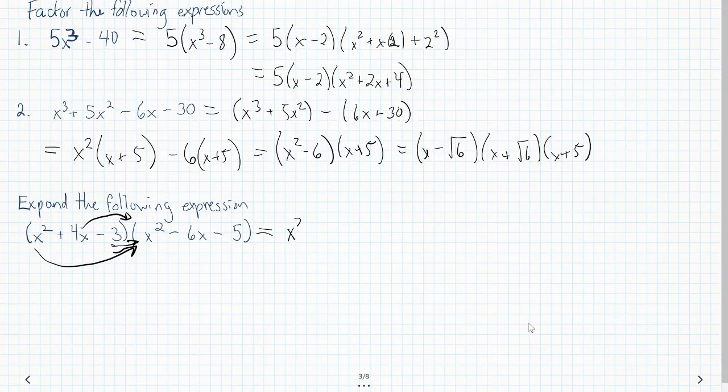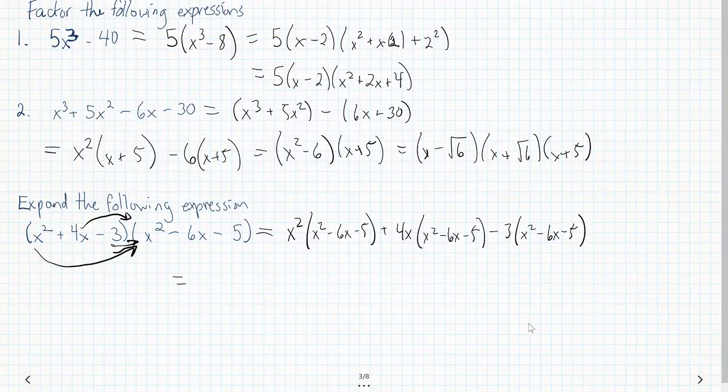Well, this means we'll have x squared times the x squared minus 6x minus 5. And then we'll have to do plus 4x times x squared minus 6x minus 5. And then minus 3 times x squared minus 6x minus 5.